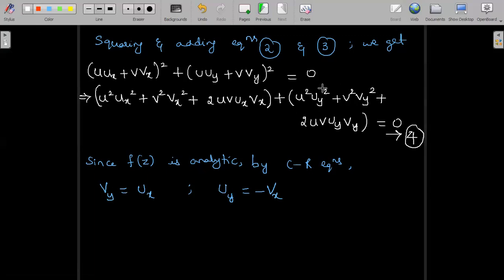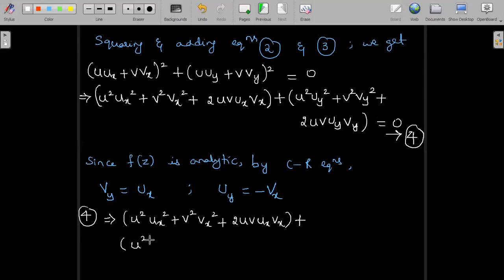I'll use it in the second bracket entirely of equation 4. So equation 4 implies the first bracket I will retain as it is, u square ux square plus v square vx square plus 2uv ux vx as it is. And in the second bracket I will change the term uy is equal to minus vx.